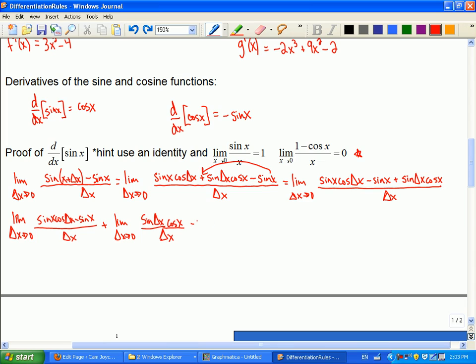At this point, those of you who are really comfortable should be able to finish this off without my help. I'm going to give you one more step and see if you can figure out how this would work.